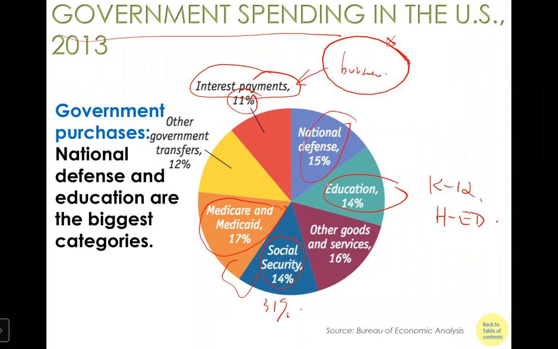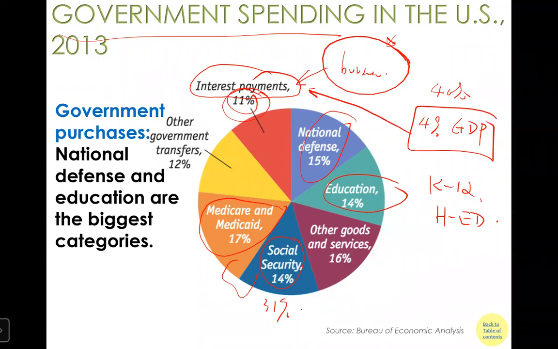We can do a quick calculation because earlier we talked about the total government spending being close to 40%. Among this, 11% goes to interest payment, meaning 4% of our total GDP goes to interest payment every year.